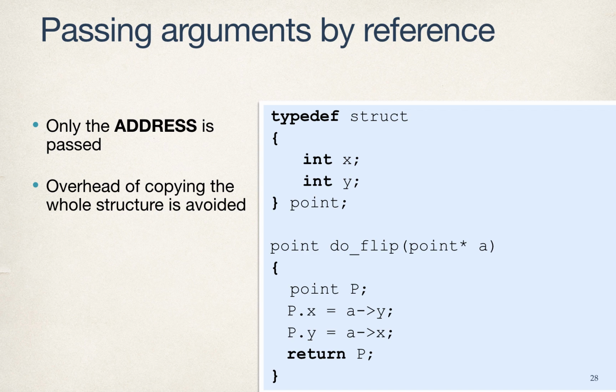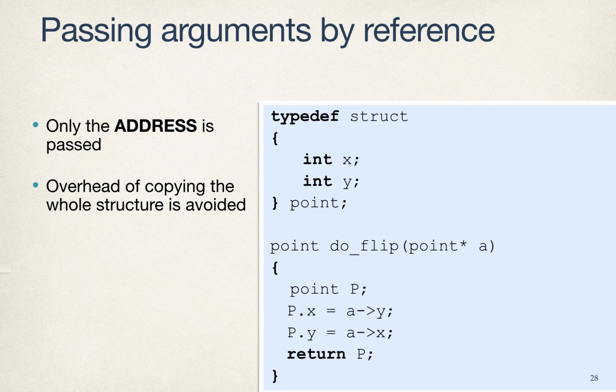Right? So this is doFlip, which is reversing X and Y, but there's something subtly different about this, and that is these arrows. So notice we take the address. This is a point star, means this is a 32-bit number, and it is the address of a piece of data that has the type point. So knowing that, we know how the compiler knows how to work with it.